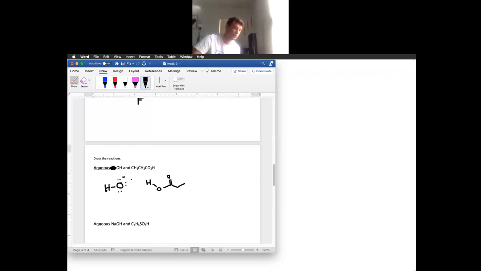So your OH is your base. It has a negative charge. It wants a proton to get rid of that negative charge. Where is it going to get that proton? Your carboxylic acid. And this oxygen is electronegative. It's going to pull the sigma bond electrons towards itself.